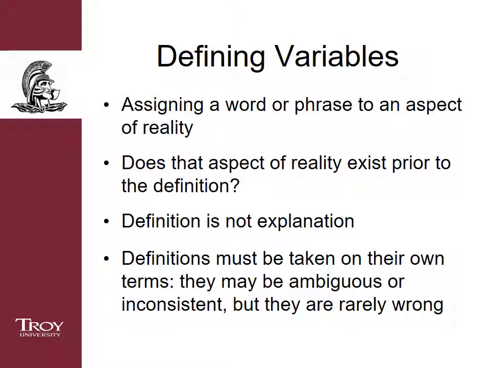And all of this is going to come out of some theoretical research, and the researcher is going to have to define the idea. And the word that gets applied generally has to be taken on their own.